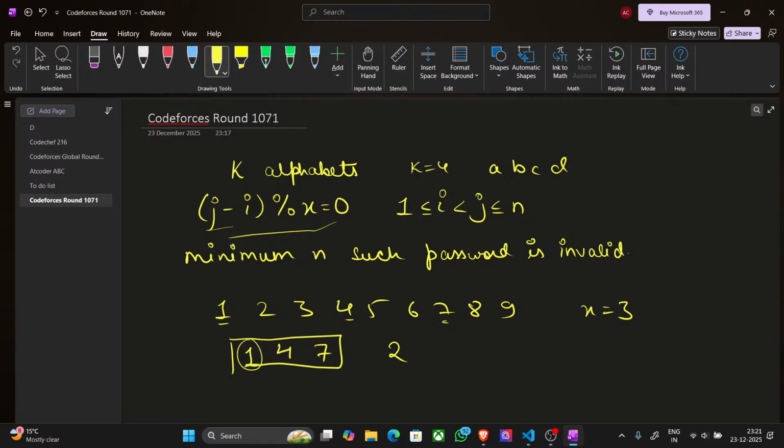Similarly, 2, 5, and 8 is my second group of indices, and then 3, 6, and 9 is my third group of indices.